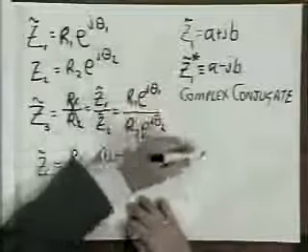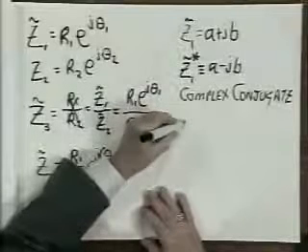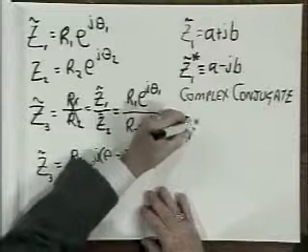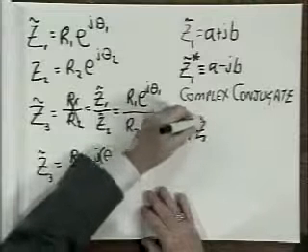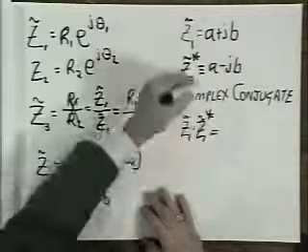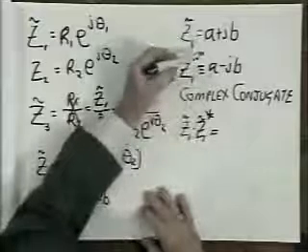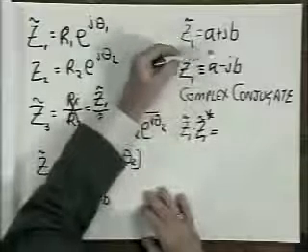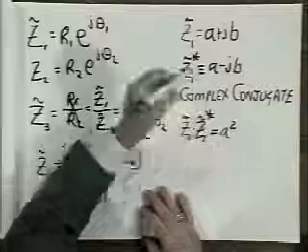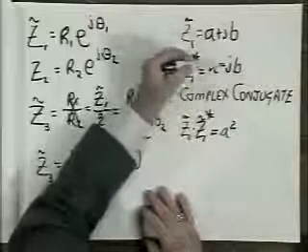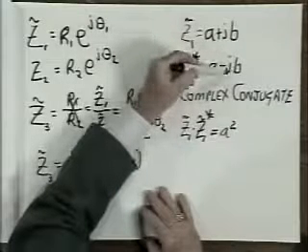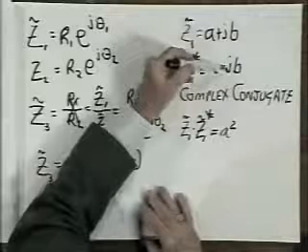The complex conjugate is such that when I take the product z1 times z1 conjugate, let's just multiply this out in our heads here, I won't write it down. I get a times a, which is a squared, and I get jb times minus jb. j squared is minus 1. The minus sign makes it plus 1.